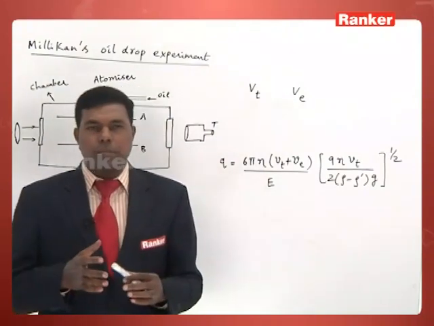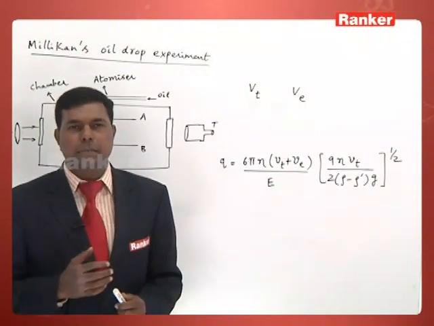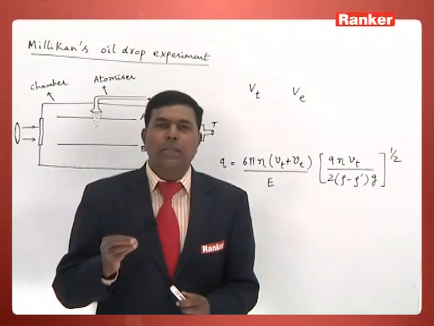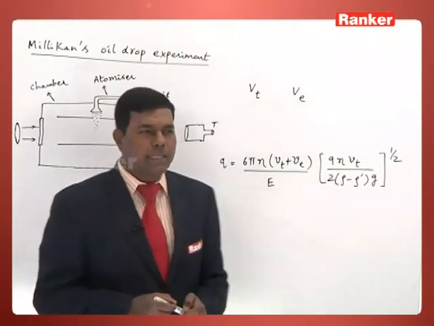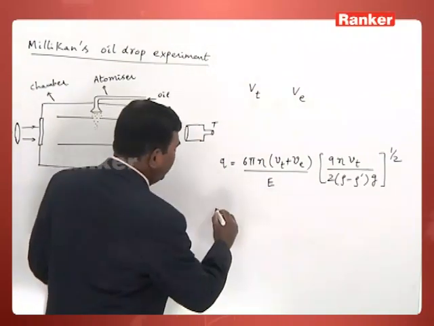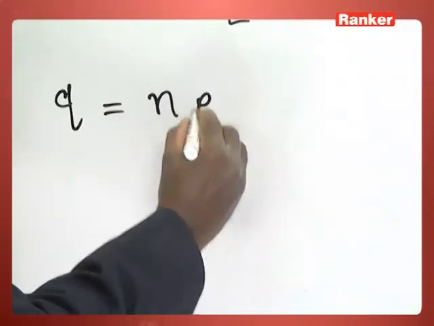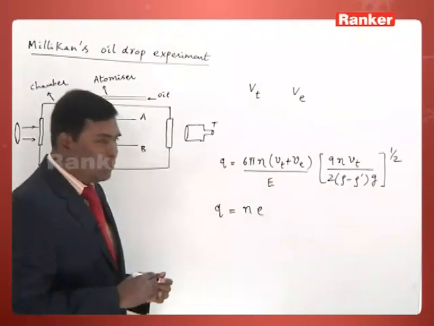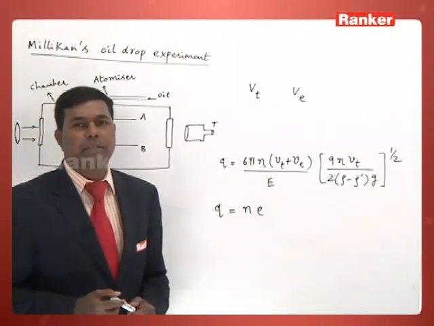Next, it is observed that in various cases the charge is an integral multiple of an elementary charge. That is, any amount of charge on the oil drop can be written like this, n e. Here, n stands for an integer and e for the elementary charge.